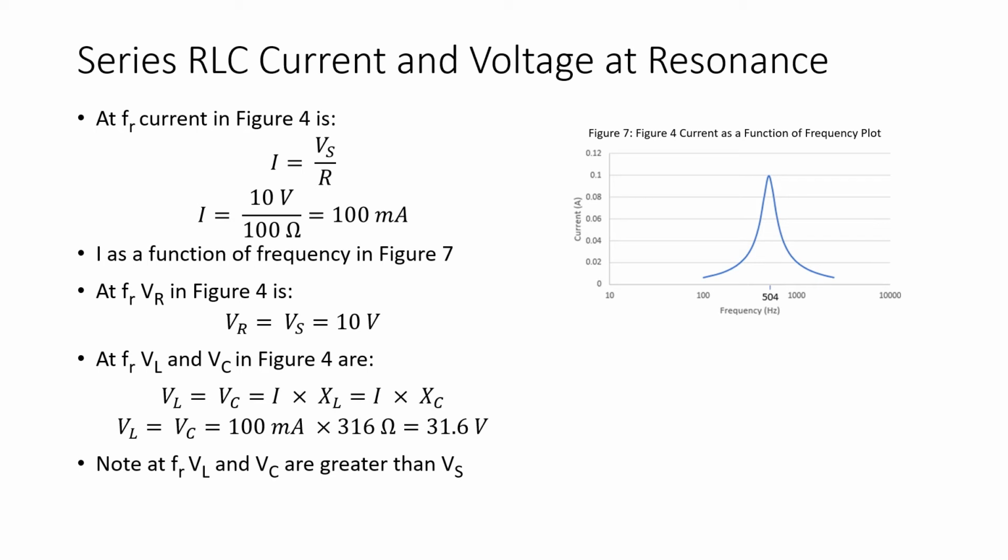It's not uncommon in these series RLC circuits to have voltages dropped across the inductive and capacitive components that are greater than the source voltage. And again, it's because these two voltages cancel that this situation can occur.